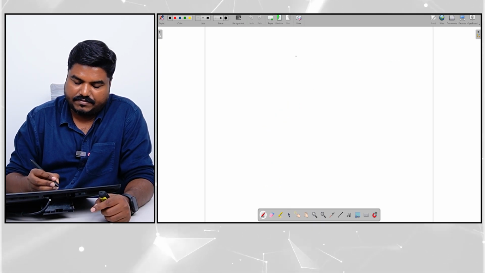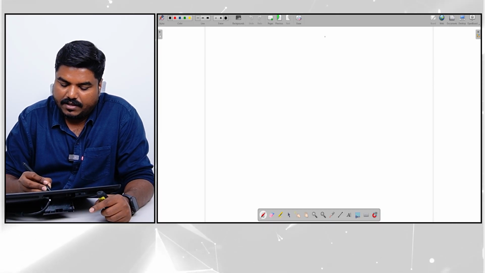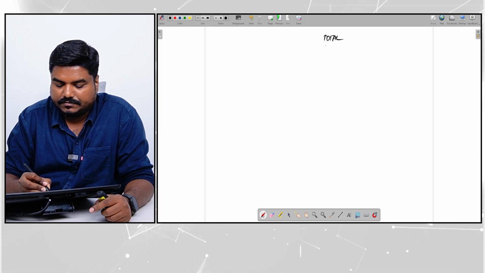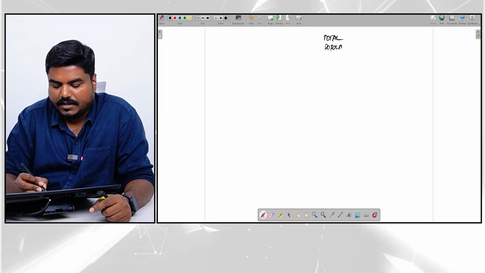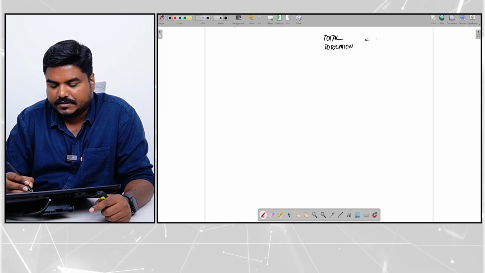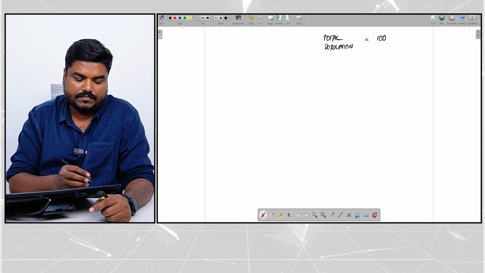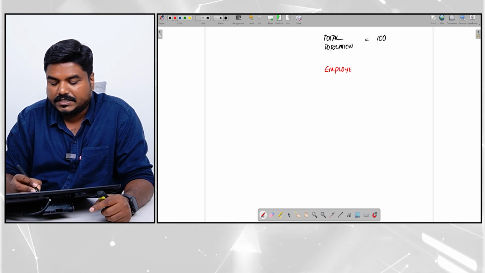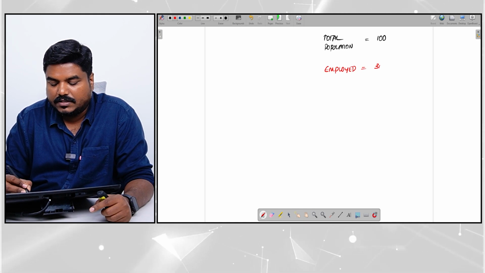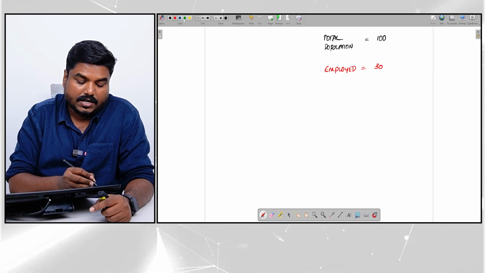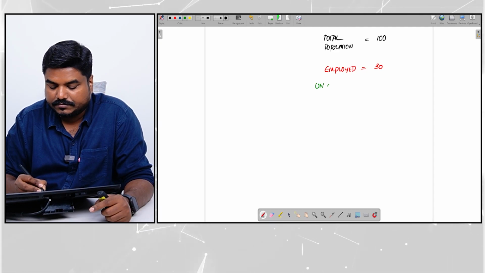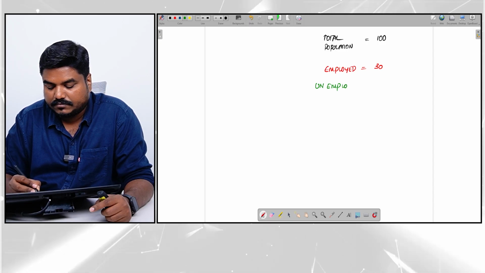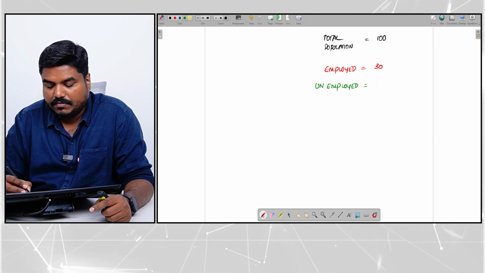First, let us imagine a country where the total population is 100. Assume the number of people who are employed, the working population, is 30. The number of people who are unemployed, assume 30.